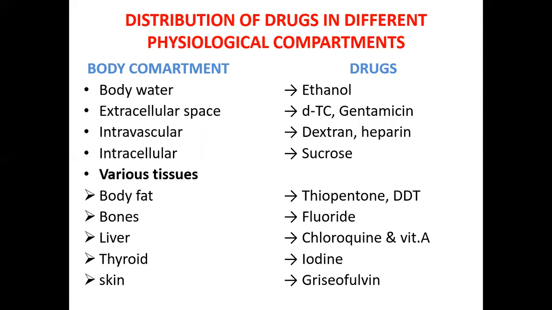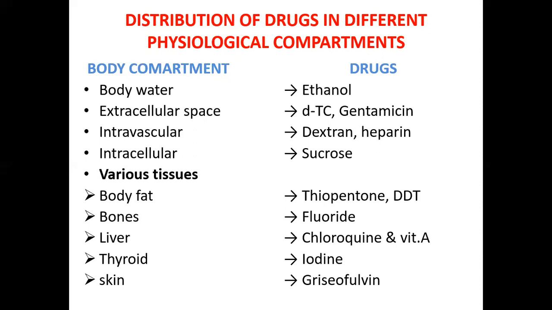In body water, drugs like ethanol; in extracellular space, gentamicin, iodine, bromine, chlorine, sodium, and calcium are a couple of drugs which are distributed there. Intravascular, dextran and heparin, and intracellular, sucrose.